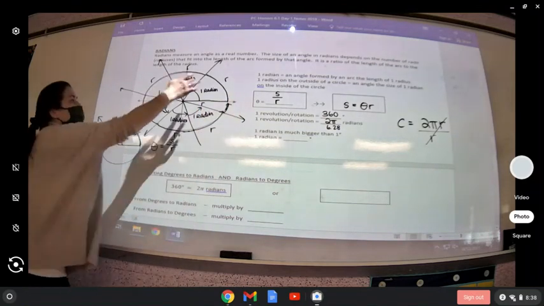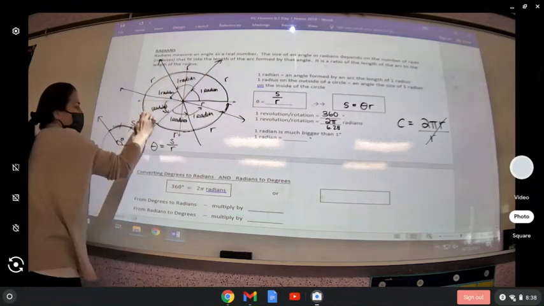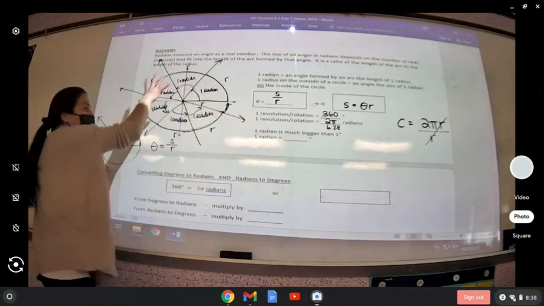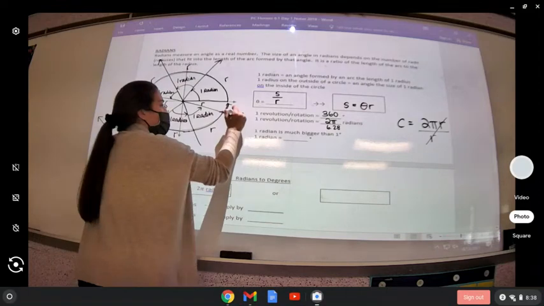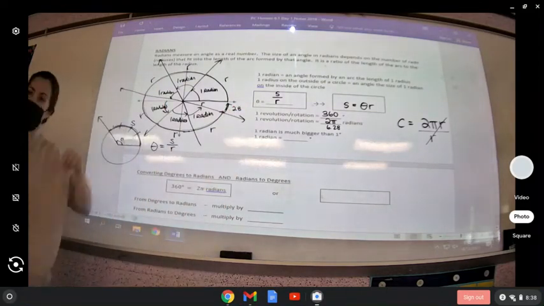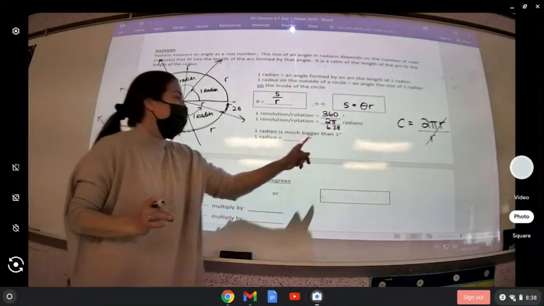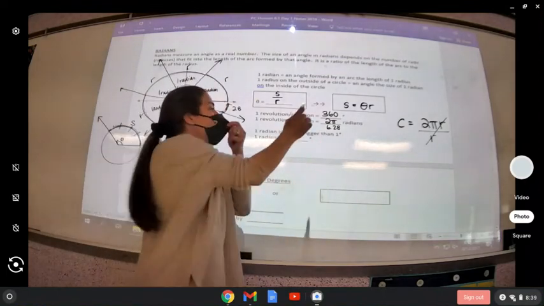So that means 6, 1, 2, 3, 4, 5, 6 full radiuses, and then about 0.28 radiuses fit around an entire circle. So that's our main conversion factor.